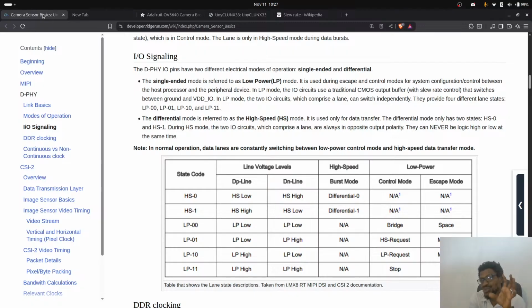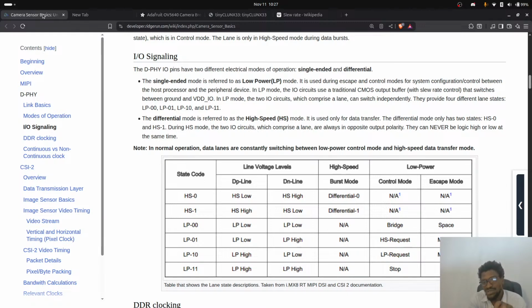When you want to do this kind of work, you will use the low power modes, and you will probably use either 00, 01, 10, or 11. So 00 is LP low, with DP line and DN line both LP low. And then high speed, you can't do high speed stuff in low power mode. In LP01, the DP line is low and the N line is high, and you can use this as a high speed request.